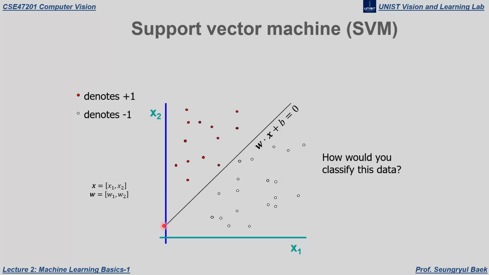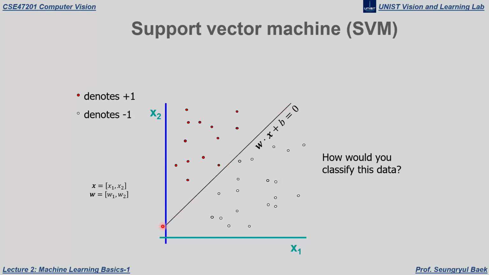I agree with that, right? So this W and B has to be updated to output 0 for these samples.